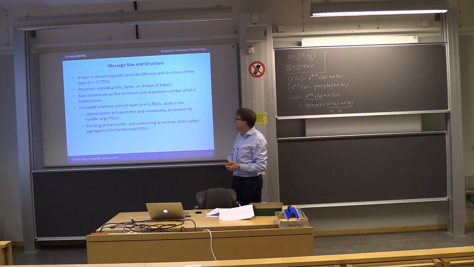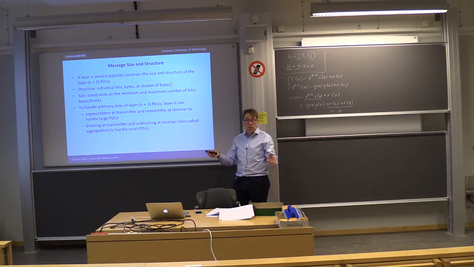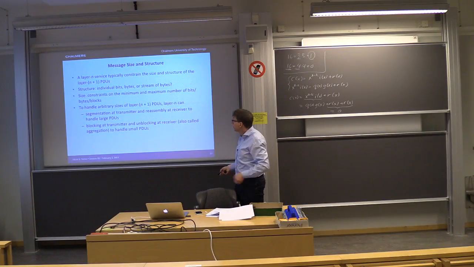This is called segmentation. It could also be that the layer below me has to have a minimum number of bits to work, and then sometimes I have to take two SDUs from above and paste them together to send to the lower layers. So this bookkeeping of chopping up and gluing together SDUs is something a protocol can provide.